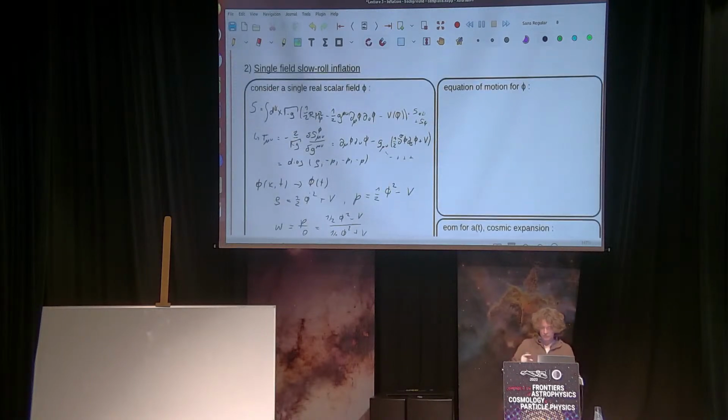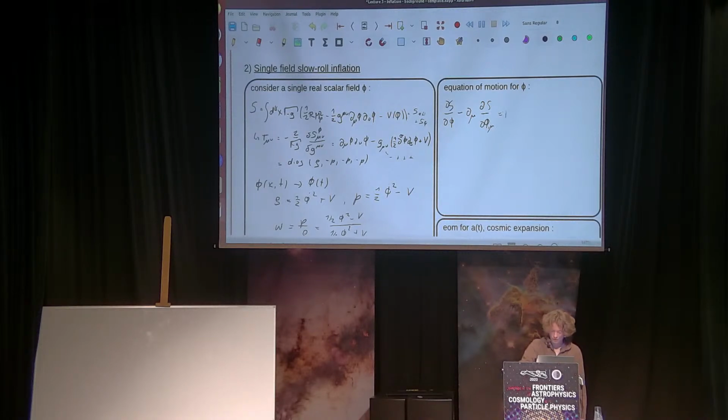Okay, so now we have our equation of state. What does that mean for the equation of motion for the scalar field and for the evolution of the scale factor? To get the equation of motion for the scalar field, we can just do Euler-Lagrange: del S del phi minus del mu del S del phi mu, the variation with respect to the derivative.